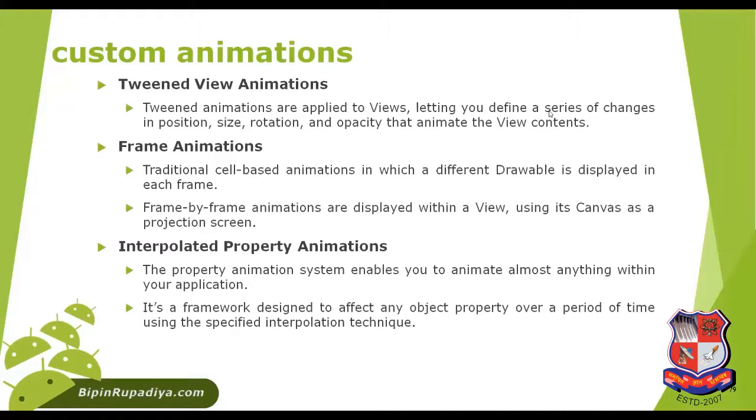In a frame by frame animation, what happens? A series of images or views are displayed one by one, like how you see the old graphics on Cartoon Network, Tom and Jerry and all kinds of cartoons. They display a series of images in some sequence of time, so one by one the frame changes and you feel that live characters are on the TV.